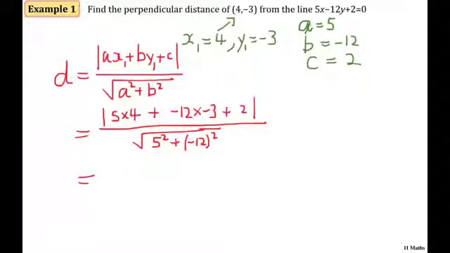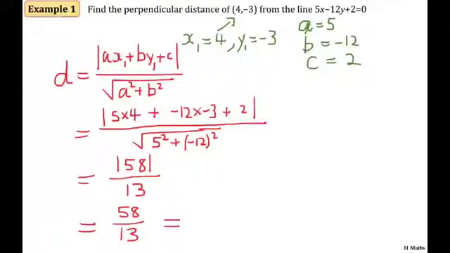Now, when you put the numerator into a calculator or process it, you'll end up with 20 plus 36 plus 2, which will give you 58, but it's inside an absolute value sign, over the square root of 5 squared plus 12 squared, which will give you 13. So that equals 58 over 13.